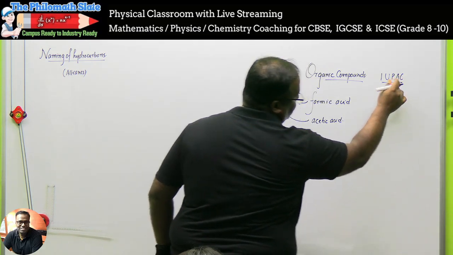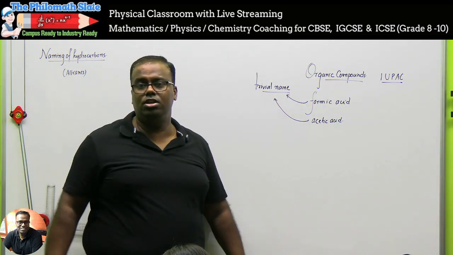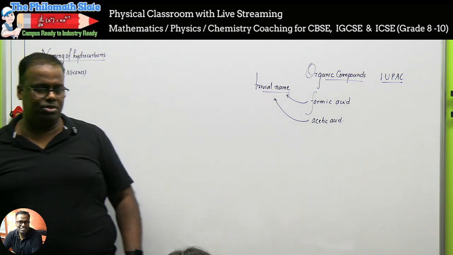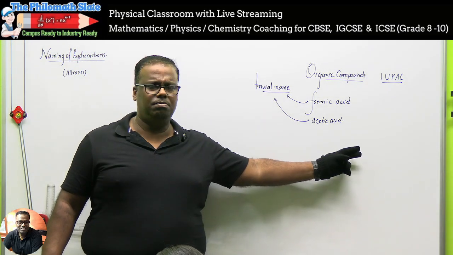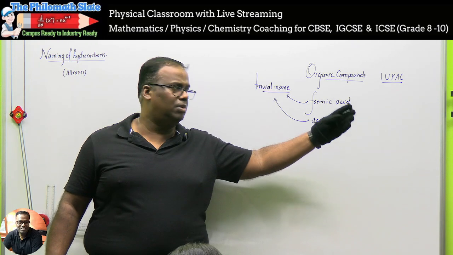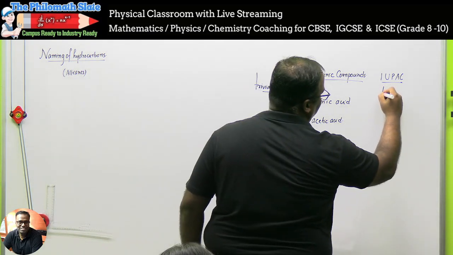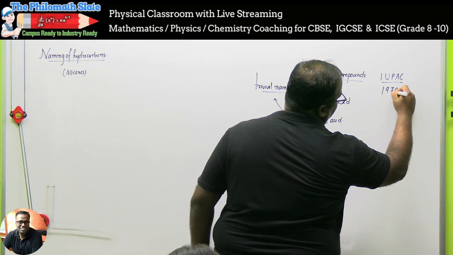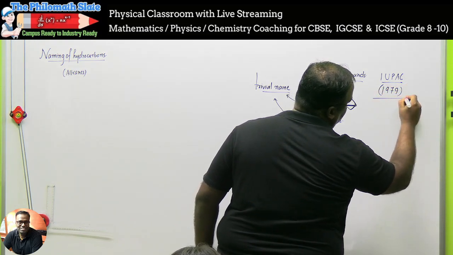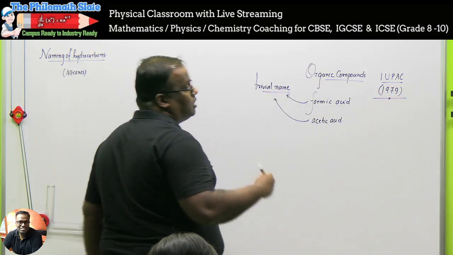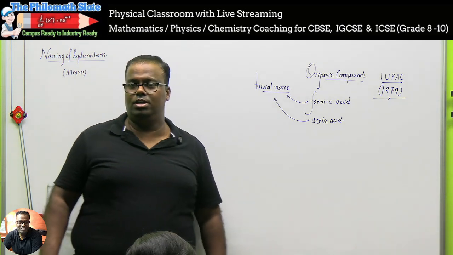Write this down: its full form is International Union of Pure and Applied Chemistry. IUPAC came around the 1940s, but from 1979 onwards, if I'm correct, IUPAC started publishing rules as per which you will be naming organic compounds.